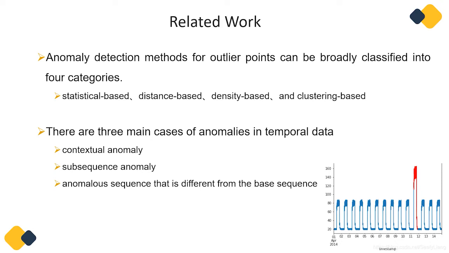The first one is contextual anomalies, which are point anomalies in temporal data. The second type is a subsequence anomaly, whose subsequence pattern is very different from the pattern of the overall sequence. The third type is an anomalous sequence that is different from the base sequence.